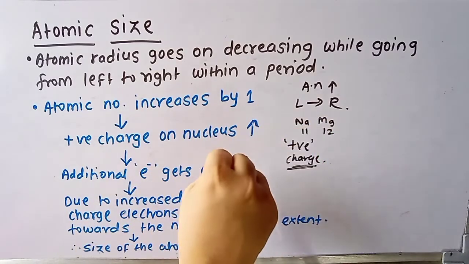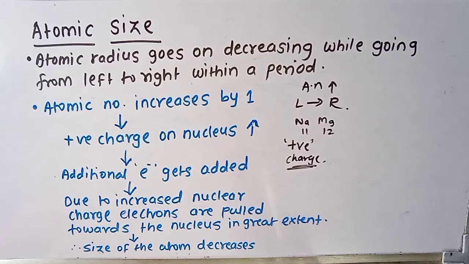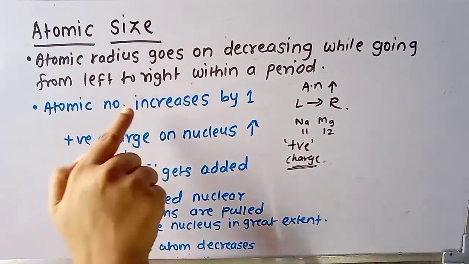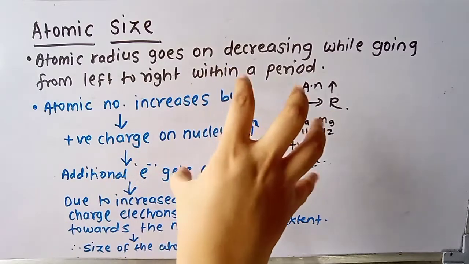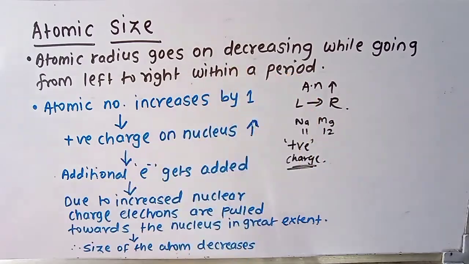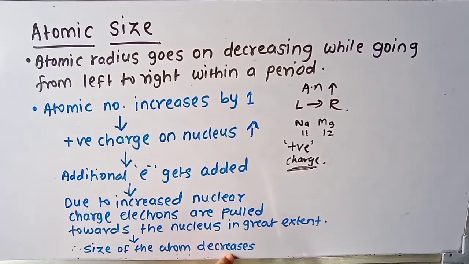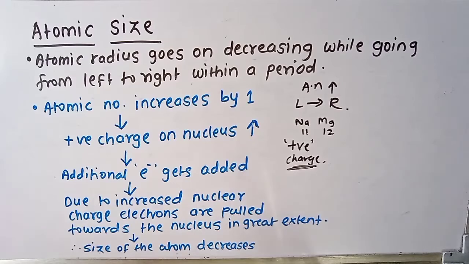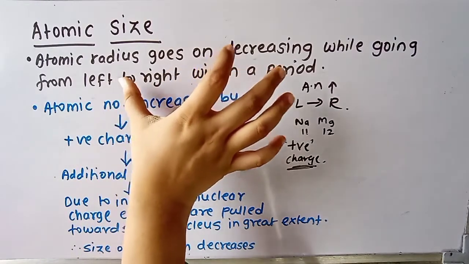So positive-negative attraction is there. So due to the increased nuclear charge, electrons are pulled towards the nucleus to a great extent, so the atom will shrink and the size will decrease. Therefore the size of the atom decreases. Is this clear to you, students? Okay, so this is about the same period.